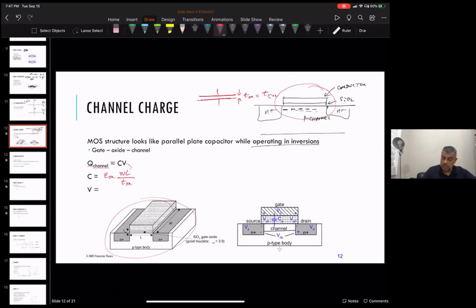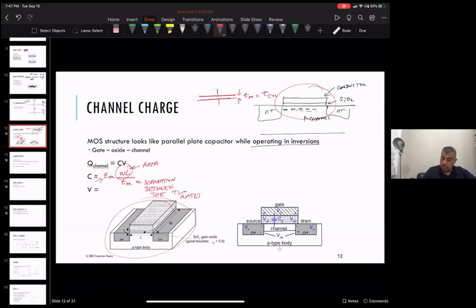Okay, so this is area, and this is the separation between the two plates. So it's just the equation for parallel plate capacitance with the dielectric being silicon dioxide.